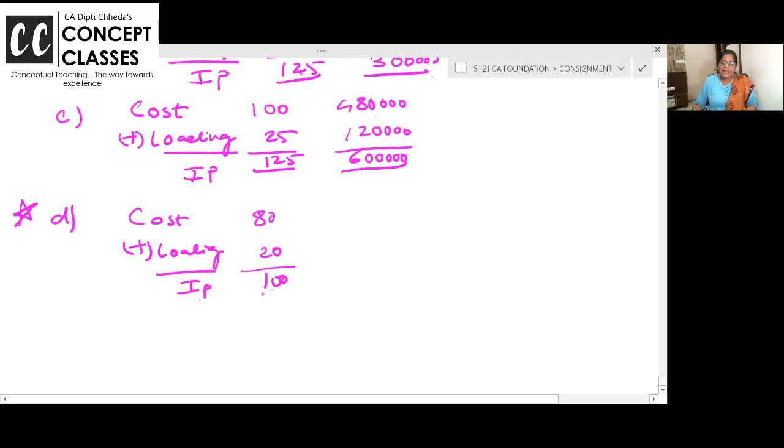Invoice price is 100. Loading is 20% on this. So cost is how much? 80, dear students. So this is 1,20,000. ठीक है, 80 and 20 और ये 120 हो गया आपका, तो कितना होगा? 1,80,000 में 20, तो 120 में कितना? 120 into 20 divide by 80.